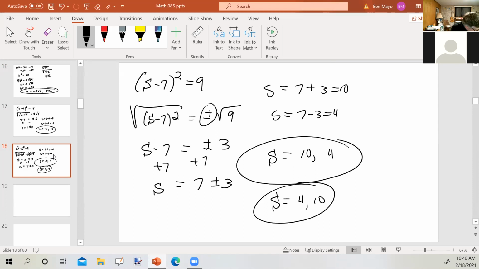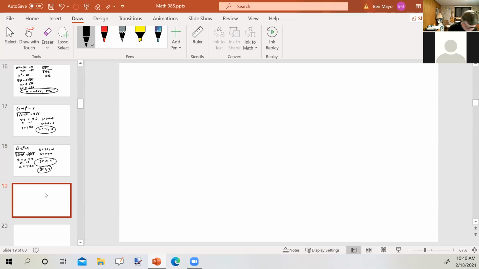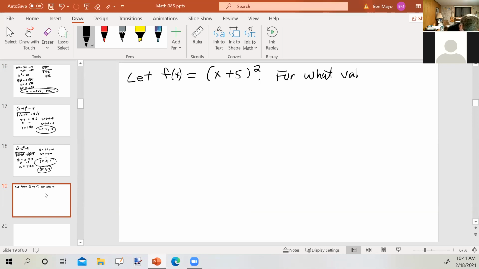Okay, let's see here. Now, this says let f of x equal the quantity x plus 5 squared. Okay, then it says for what value or values of x is f of x equal to 3.